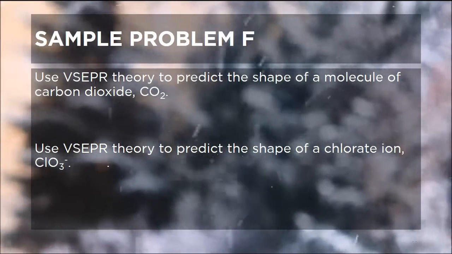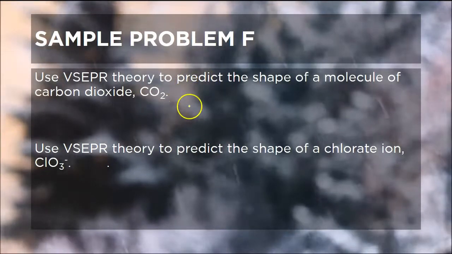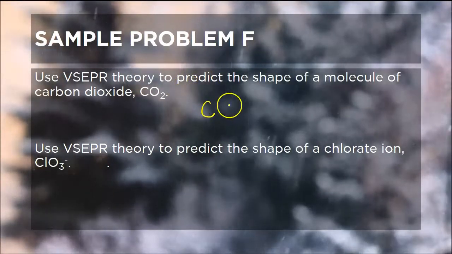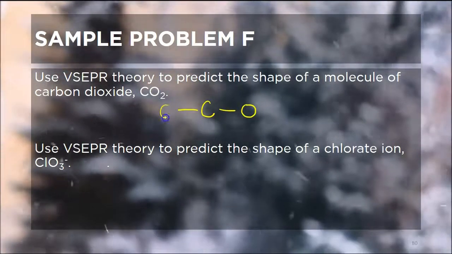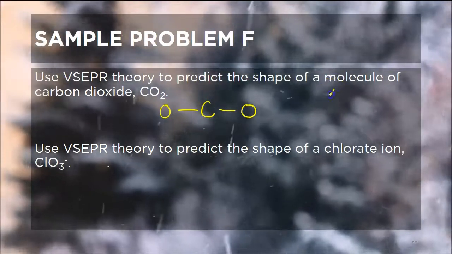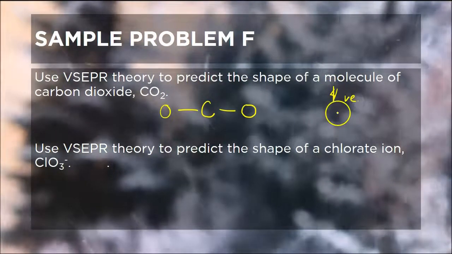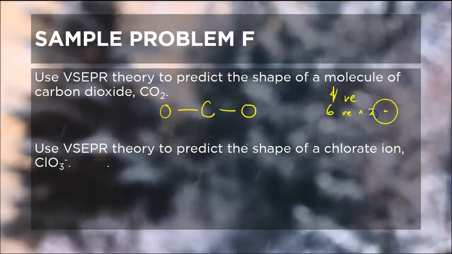So let's predict CO2. Again, carbon is likely going to be my central atom, and I'm just going to bond it to each oxygen. I know that carbon has 4 valence electrons, and each oxygen has 6, times 2 gives me 12.